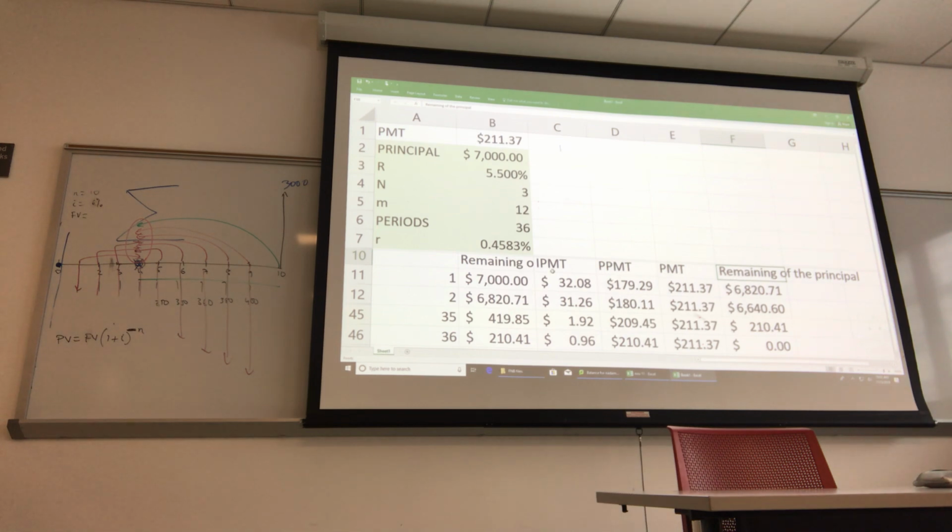So what I want you to do is calculate these numbers in different terms. Can you use Excel functions to calculate these numbers? Can you tell me where you find that in the book?